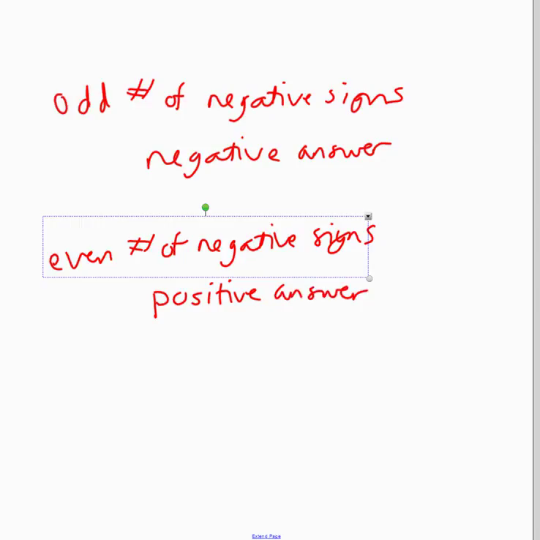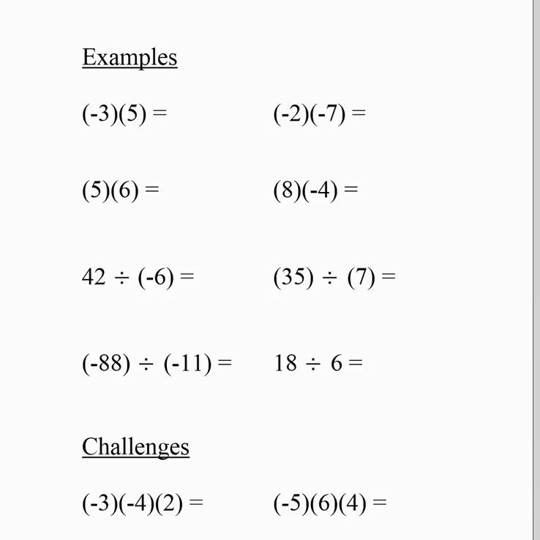And I will give you a link to something that goes into, again, more detail about why things like a negative times a negative is a positive. Let's just look at some examples now of what's happening. So again, a few examples.